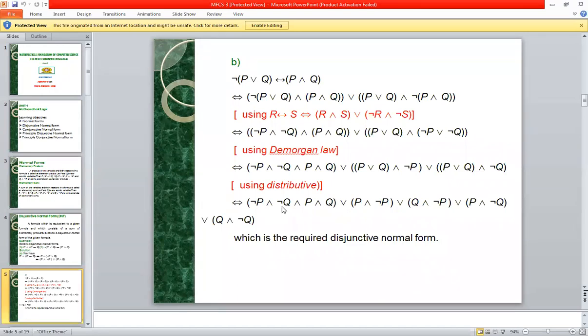Inside the parenthesis we have the product symbol, and outside the parenthesis, in between the elementary products, we have the sum symbol. So this is a sum of elementary products, which is the required disjunctive normal form. So what is disjunctive normal form? A sum of elementary products.